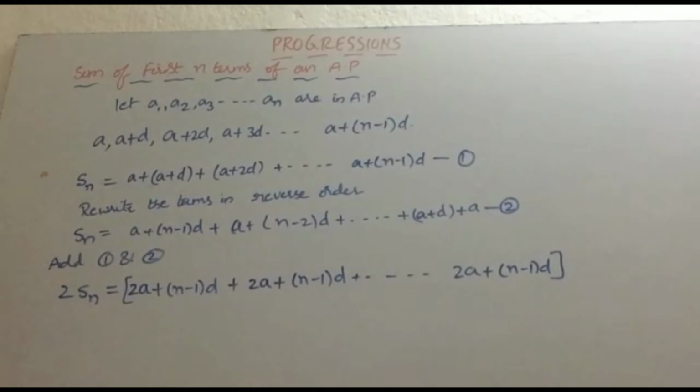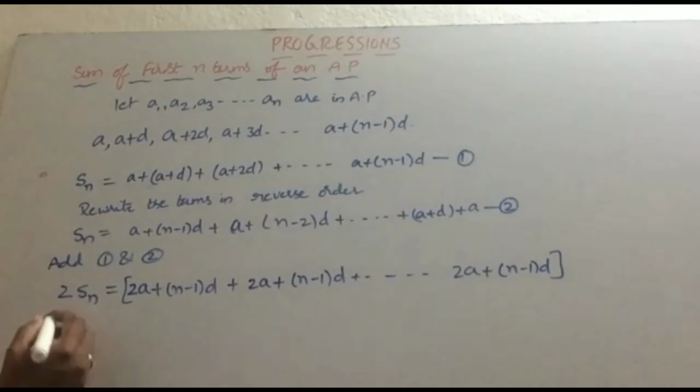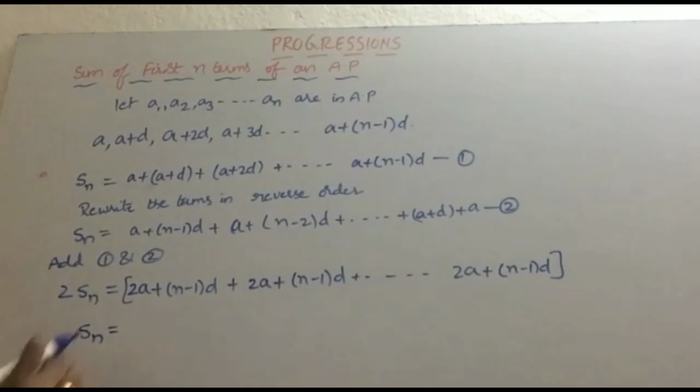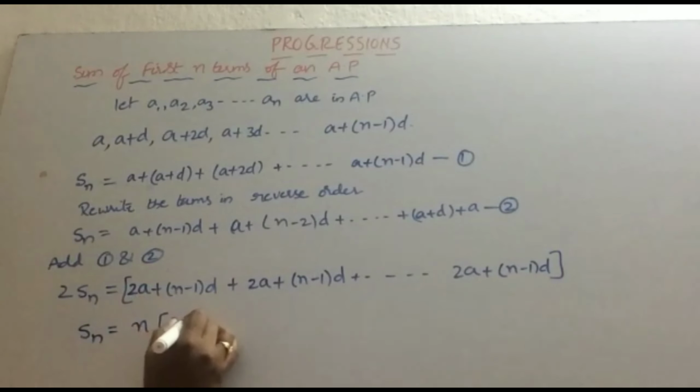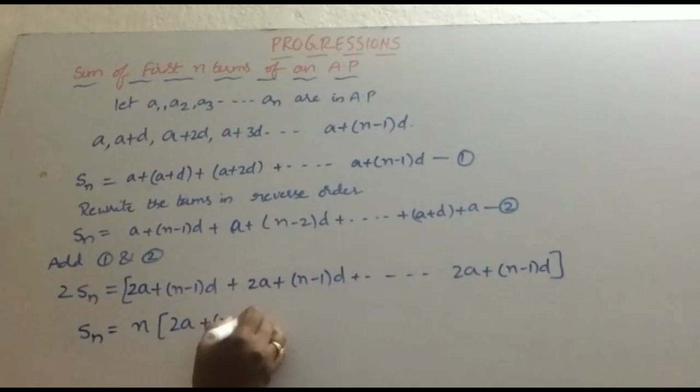Then these are n terms, so we will write it as n into 2a plus n minus 1 into d.